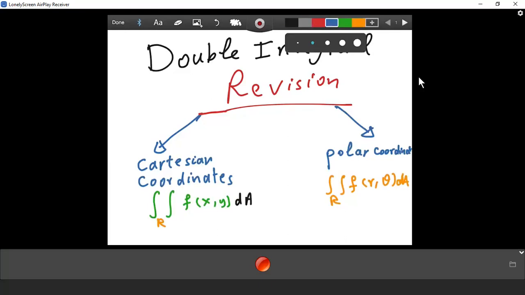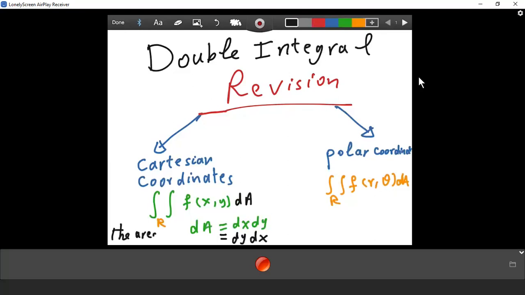So yes, dA, the area element, could be dx dy, and could be dy dx. This is the area element. But what about the area element in polar coordinates?